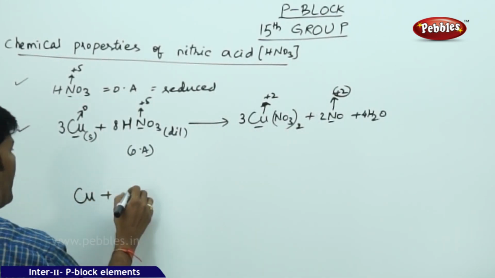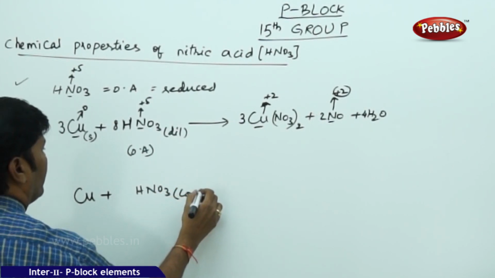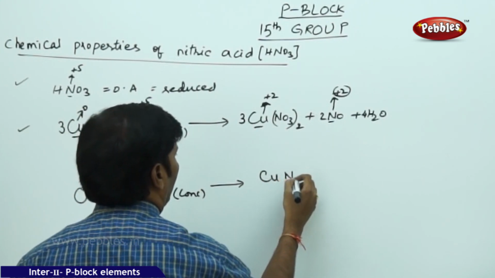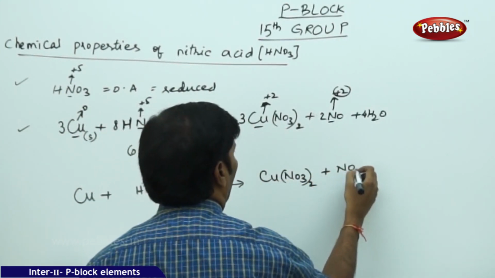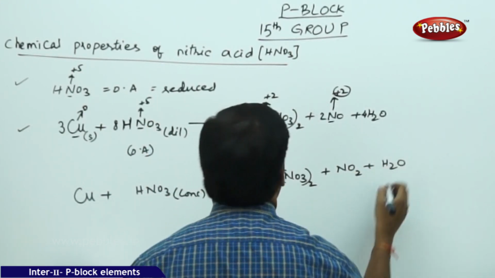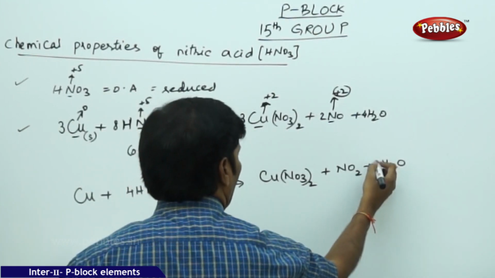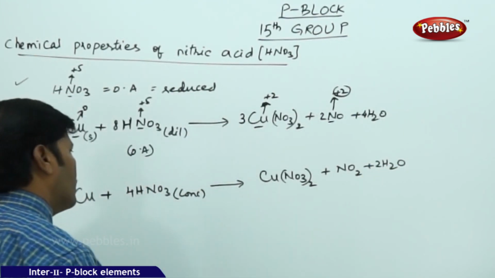Copper plus nitric acid, if concentrated, you again get cupric nitrate, copper nitrate, plus nitrogen dioxide plus H2O. Suppose I take 4 moles of nitric acid, then I can take 2 here. We already have 4 3s are 12 oxygens.